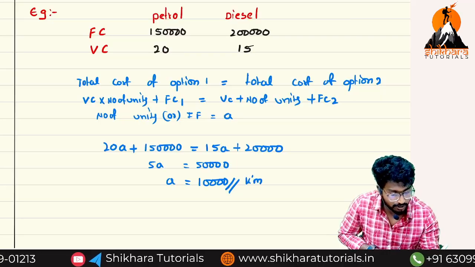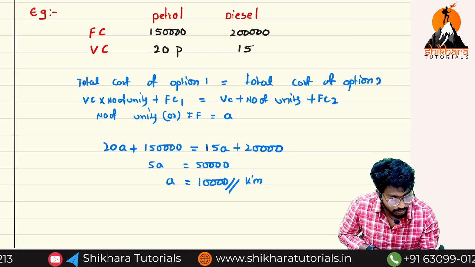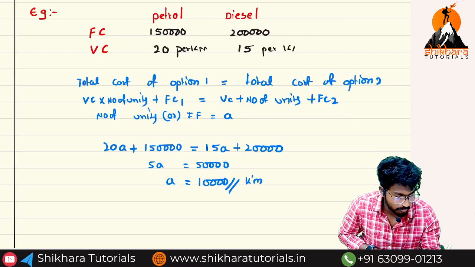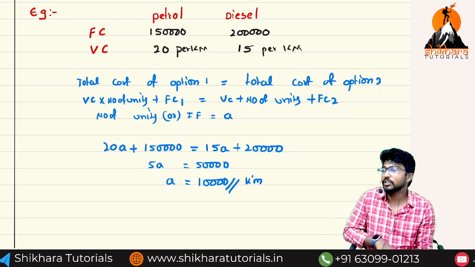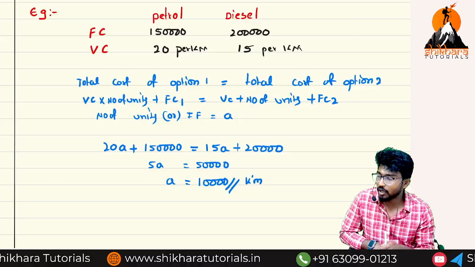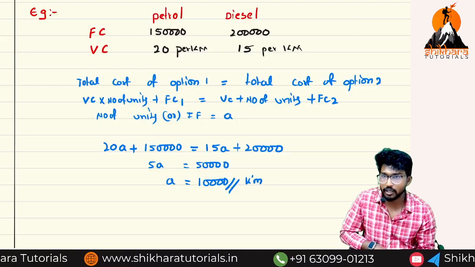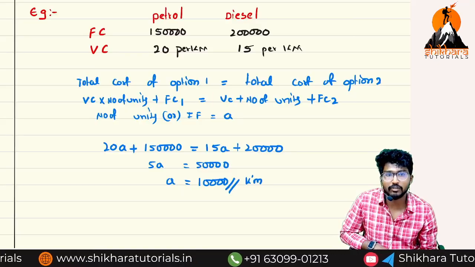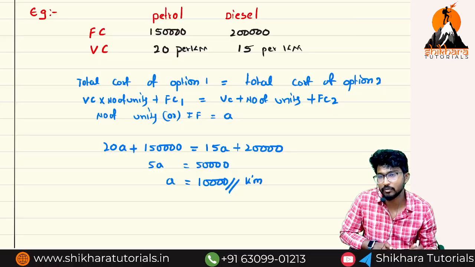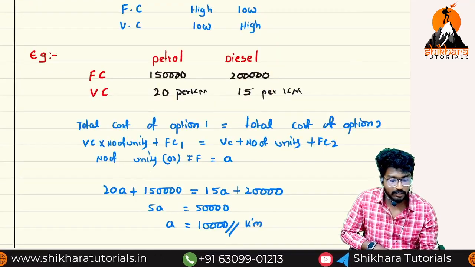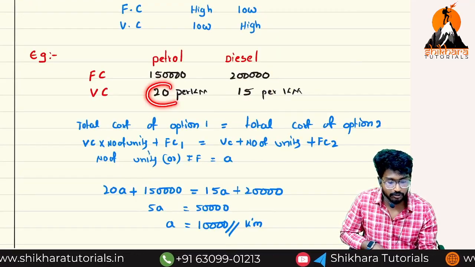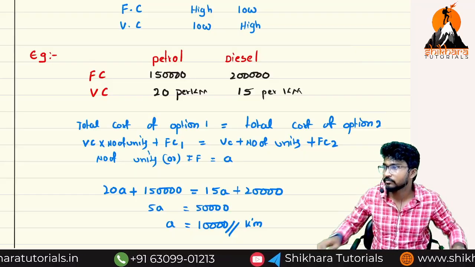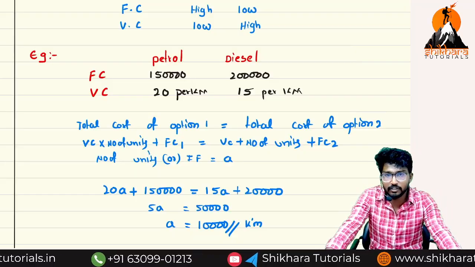here variable cost per kilometer, here per km, at 10,000 kilometers, if you choose option A, that means petrol car, if you choose option B, that is diesel car, your total cost will be same. You can calculate. Now 10,000 into 20, how much? 2 lakhs plus 1,50,000, 3,50,000.